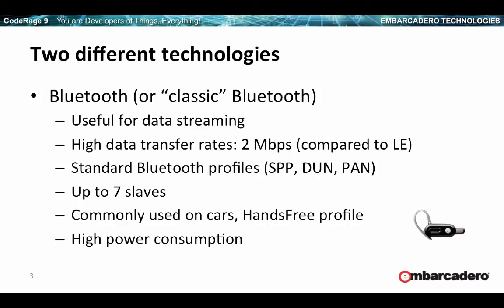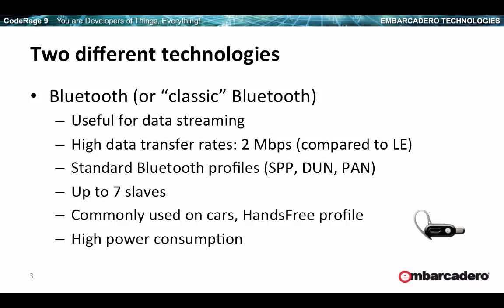It has the standard Bluetooth profiles, like the PAN, the personal area network, to share our internet connection between our mobile and the computer, the SPP, the serial port profile, and the A2DP to stream our music from our phone to the car.